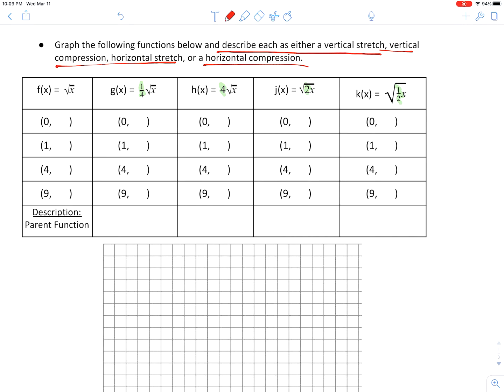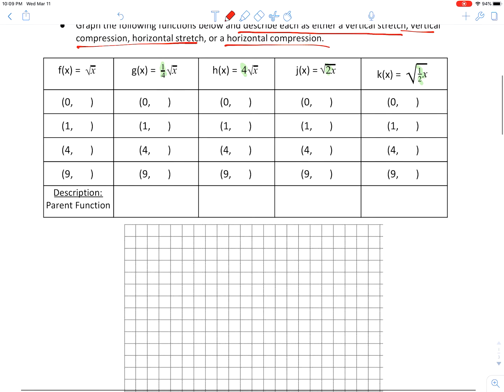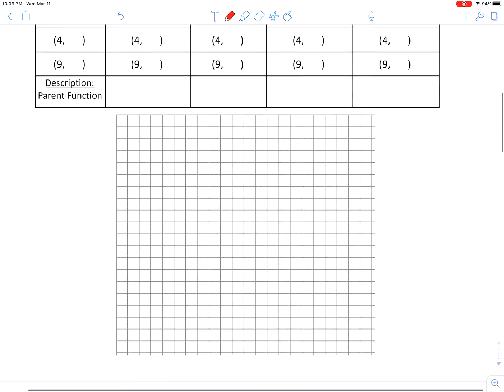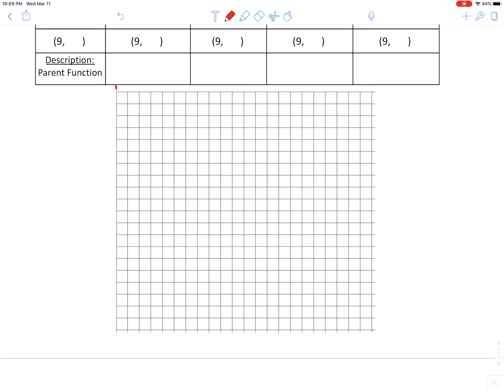So let's pretend like we aren't quite sure what this is going to be. Let's graph the original square root function. To set you up first, let's make the grid so that it is in the first quadrant only. That's where all the action's going to happen. So set up your grid so that we're just seeing quadrant 1. And you don't have to label every single point.